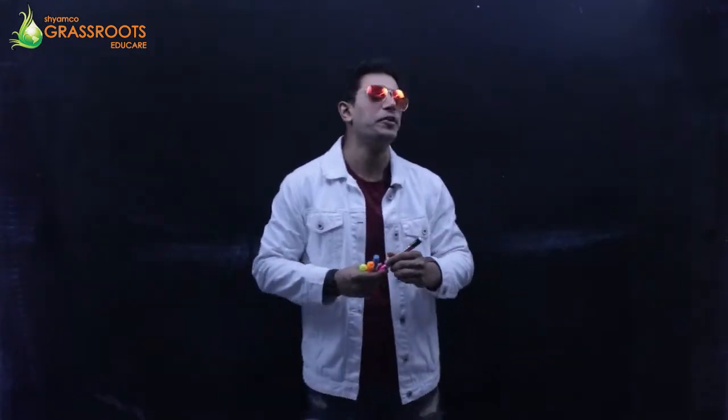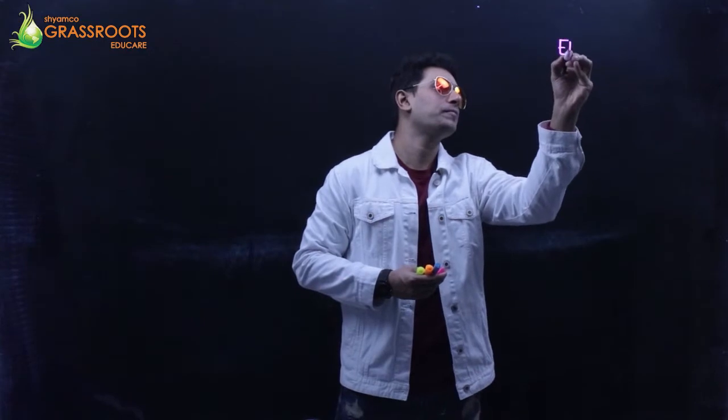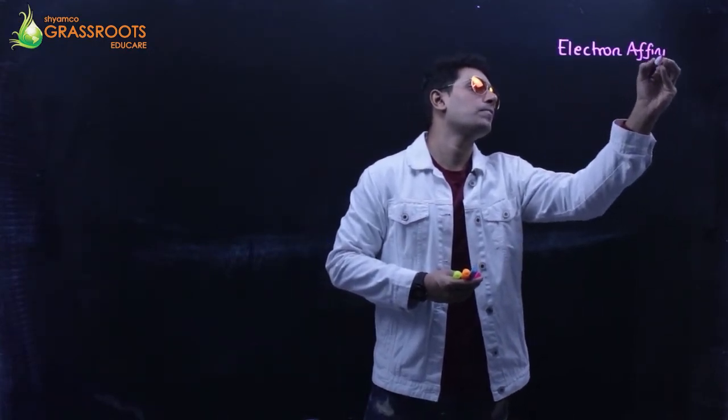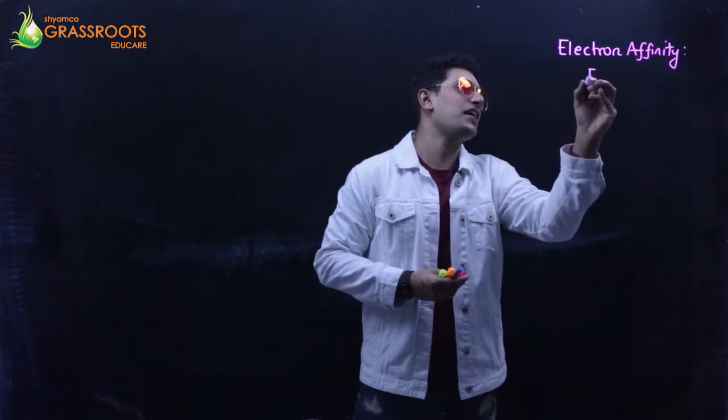The third periodic property, electron affinity. We call it as EA.